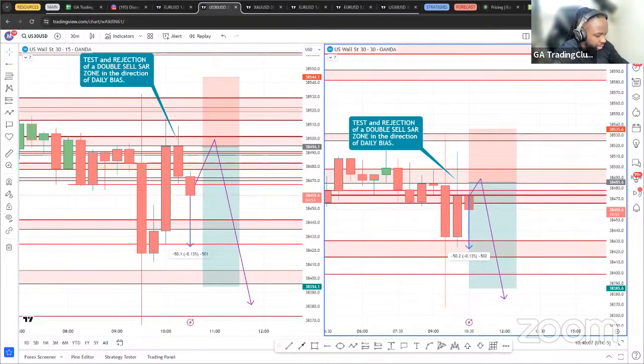I'm trying to multitask a little bit. I'm doing some other stuff. You need retracement back to that zone. Hmm.